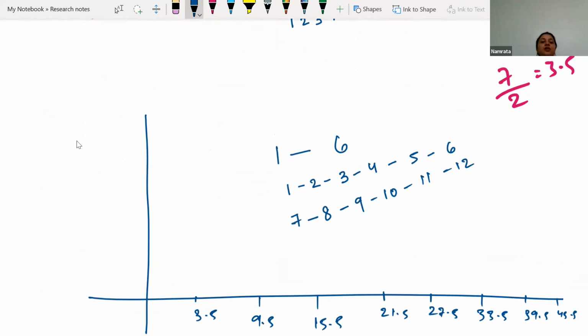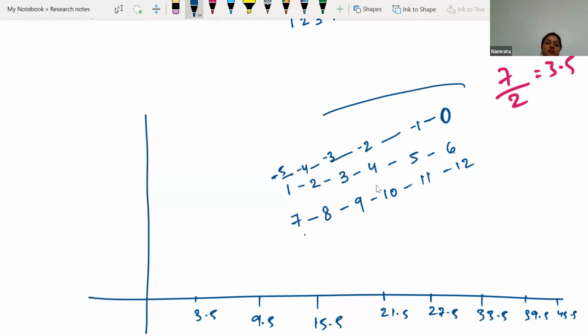Now, if we want to write one more previous interval, what will that be? We are just guessing it from here. As you can see, there is a gap between the data: after 6 we have gone to 7. So before 1 we must have started from 0, right? Then one previous is -1, then -2, -3, -4, and -5.